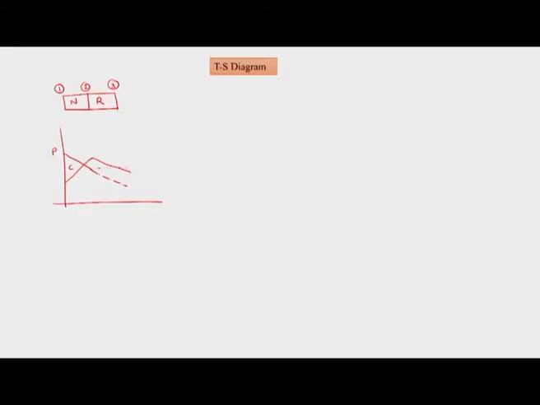And then we have total temperature. Total temperature is constant in the nozzle and it would decrease in the rotor. Static temperature would decrease in the rotor, and that depends upon the type of turbine. If it is an impulse turbine, it is constant.